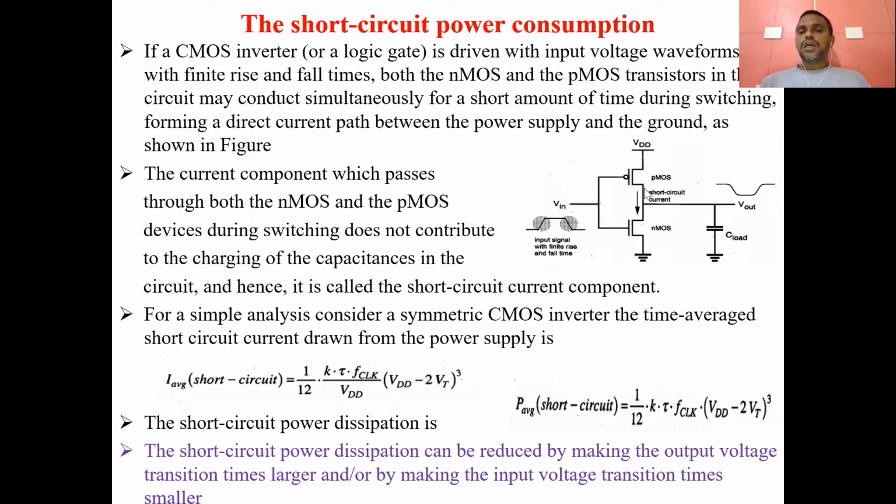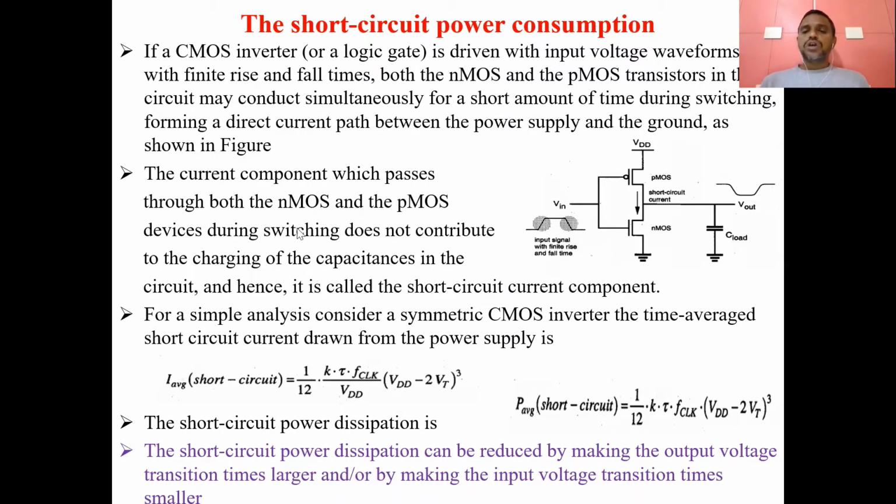Here the power or energy is drawn from the VDD power supply to the ground. Instead of charging the load capacitance, current flows between VDD and ground. This type of power consumption is called short circuit power consumption.